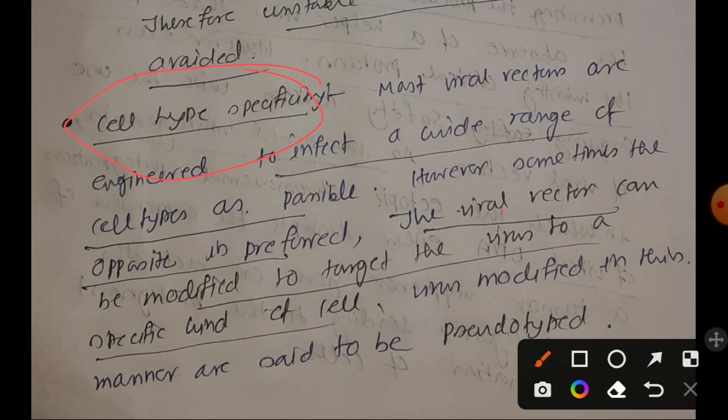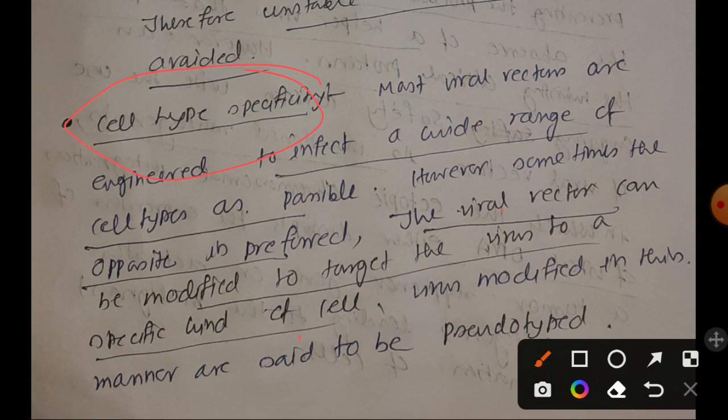And if our choice is to transfect a wide range of cells, we will modify our viral vector in such a way. Often for specific targeting of the virus to a cell, we use a process called pseudotyping.